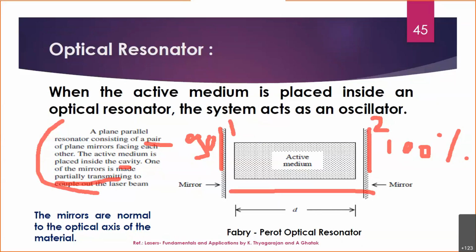This is the simple one which we have given, which is given by Fabry-Perot. But depending on the requirement, you can go for different sets of mirrors also. That much depth is not there in your syllabus, but if you are interested, then you can explore more, like what the other possible mirror setups may be.